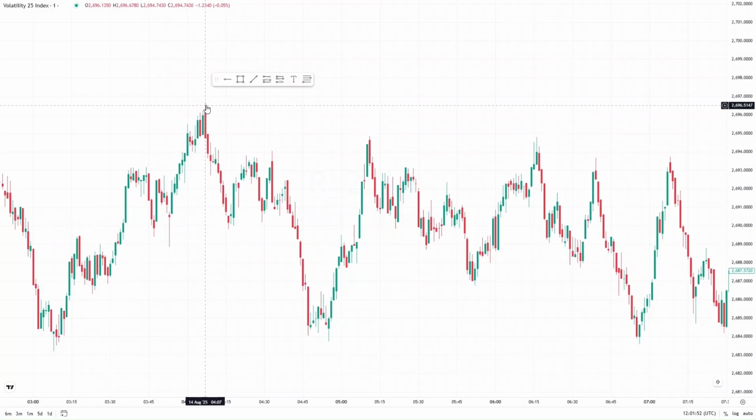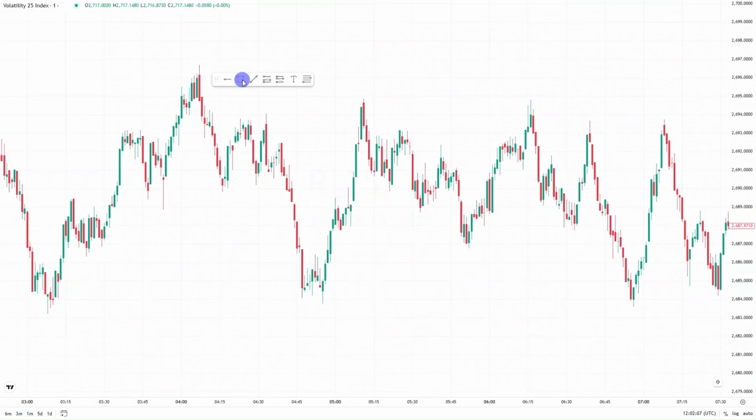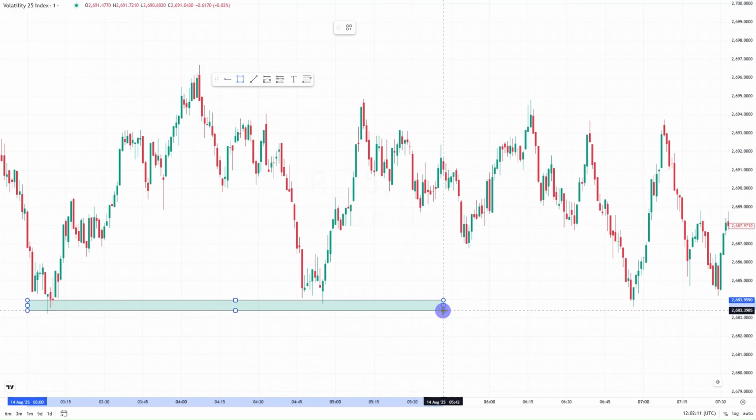After price decided to drop, it dropped to that value right there. After dropping, we noticed that it couldn't break below this zone right here.